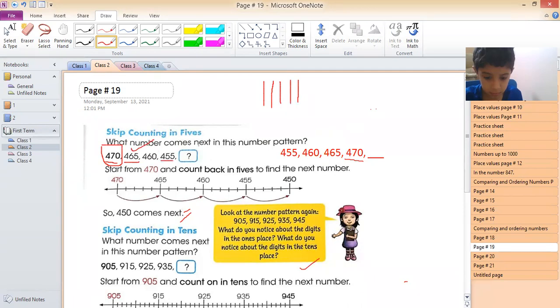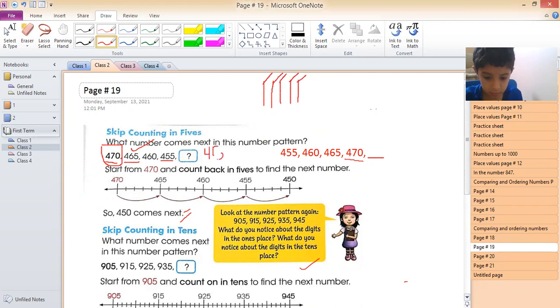So here 455, I again count back in fives. 54, 454, 53, 453, 52, 452, 51, 451, and 50, 450. So the answer will be 450.